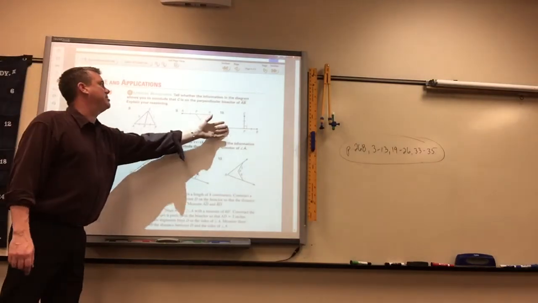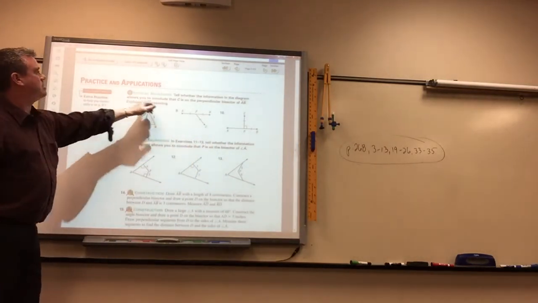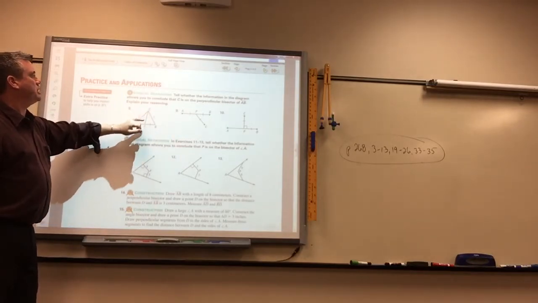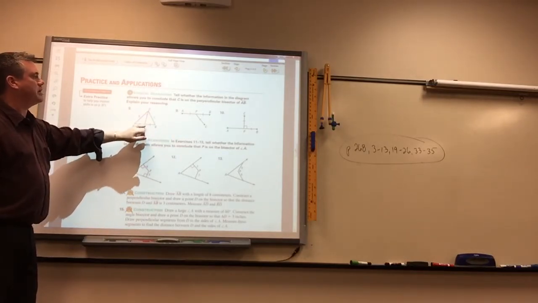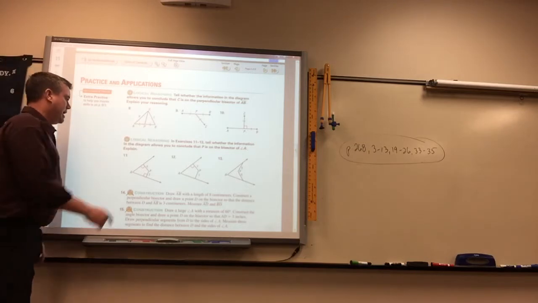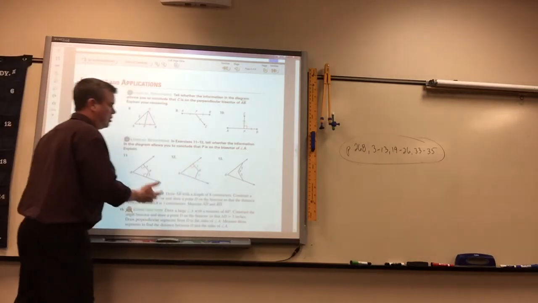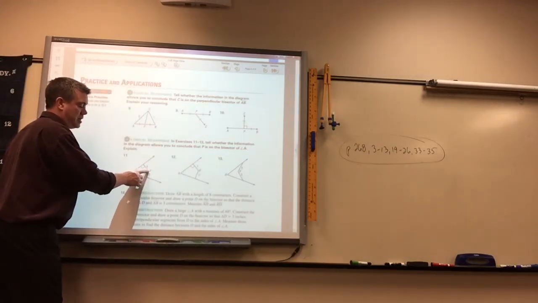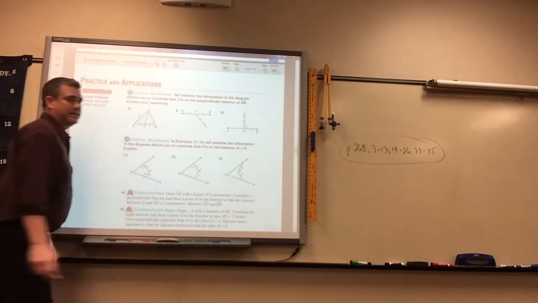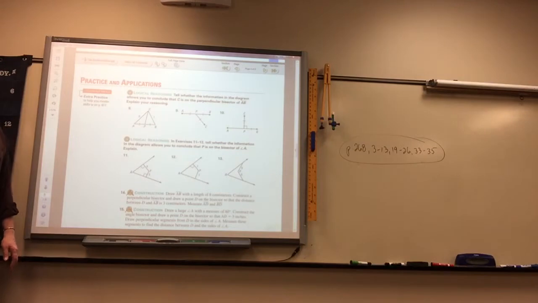So for 8, 9, and 10, you've got to tell whether the information allows you to conclude that C is on the perpendicular bisector. And on 11, 12, and 13, you've got to say, can you conclude that P is on the angle bisector? So none of these are yes, just so you know.